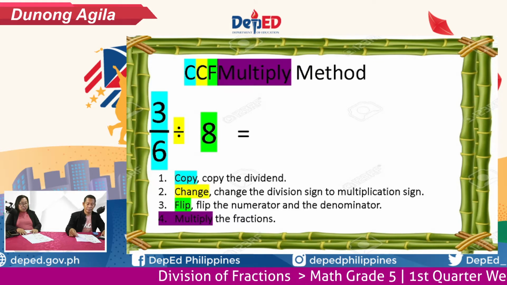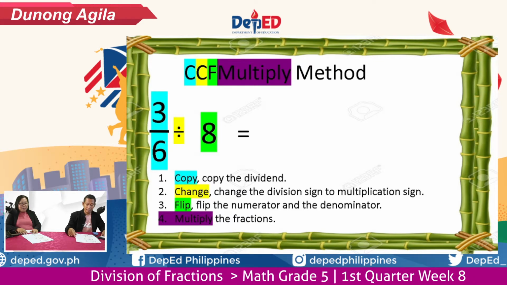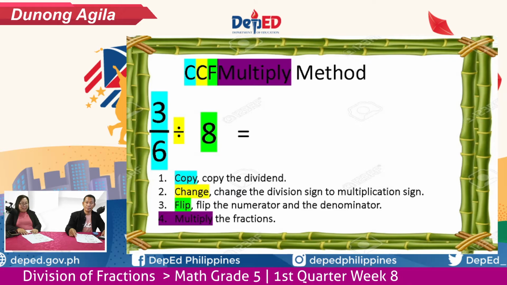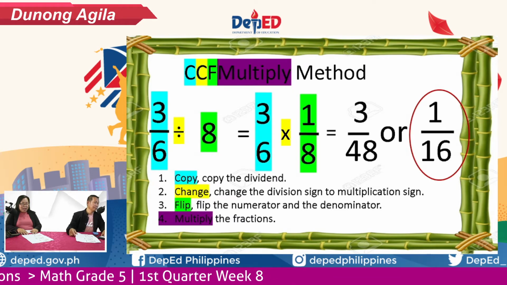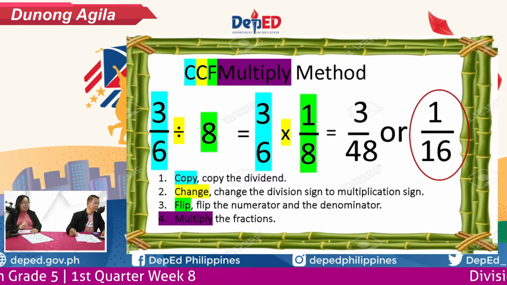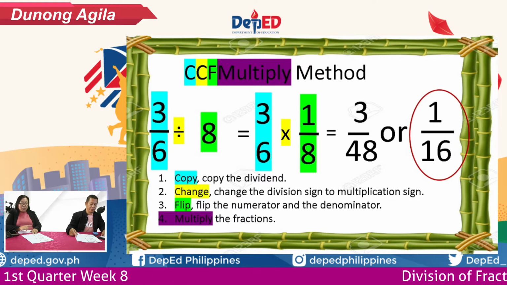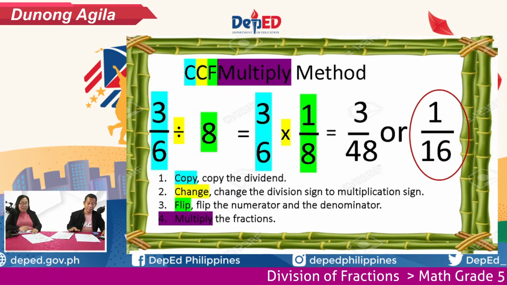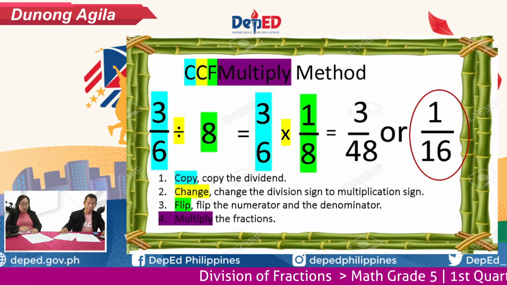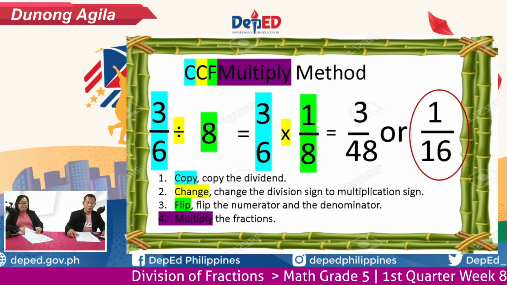And then change the operation sign from division to multiplication. And then flip the divisor. Because 8 is a whole number, you're going to change that into a fraction. It would be 8/1.